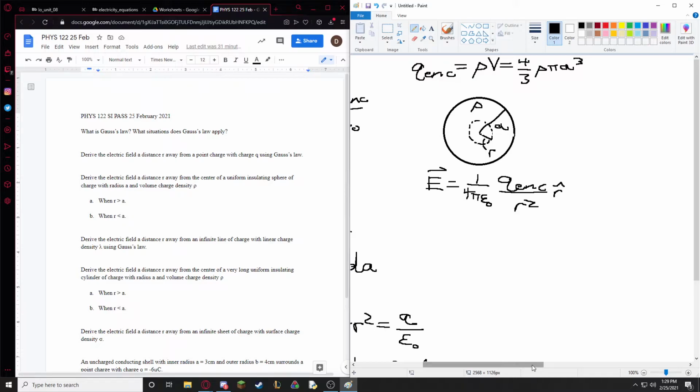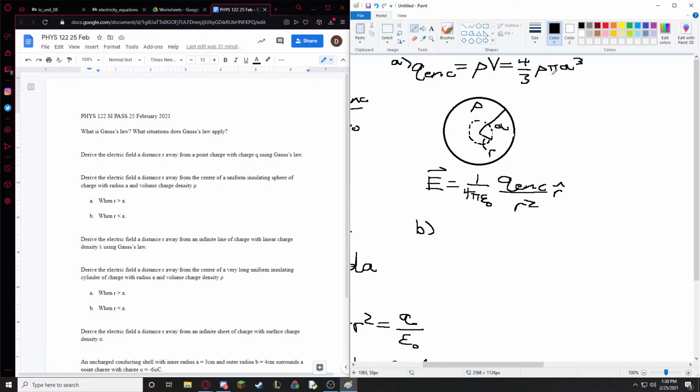But the difference here is we want to know what our enclosed charge is. What's going to be our enclosed charge inside our Gaussian surface? Wouldn't it just be rho? It'd be what? The same as the other one. Rho times volume, so 4/3.